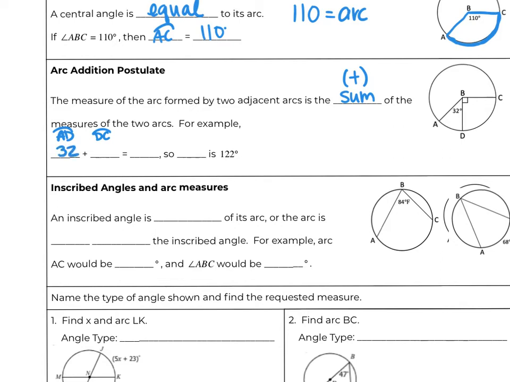So 32 plus, what does DC equal? 90. And what would that add up to? 122. So then, look here, what arc do those two form together? AC. It's still a minor, right? It's not more than 180, so I don't call it ADC. I just say AC is 122.